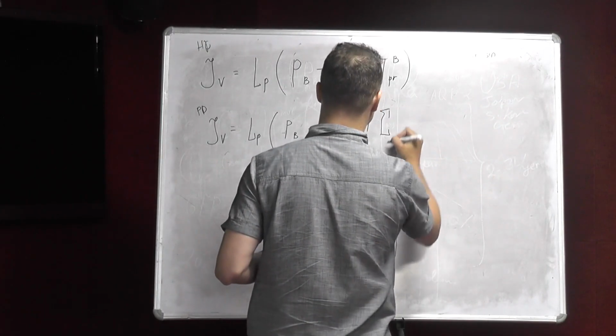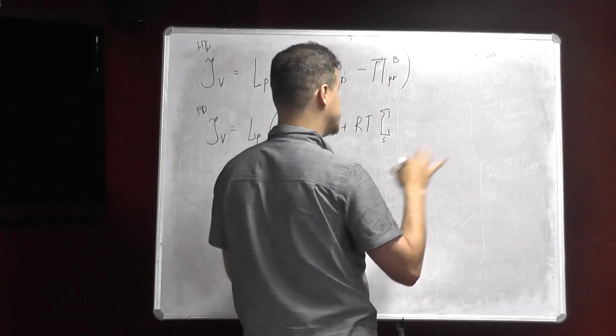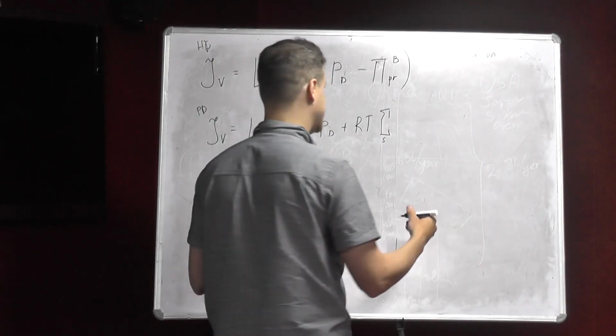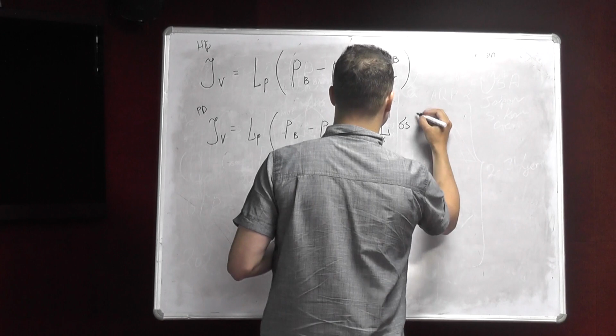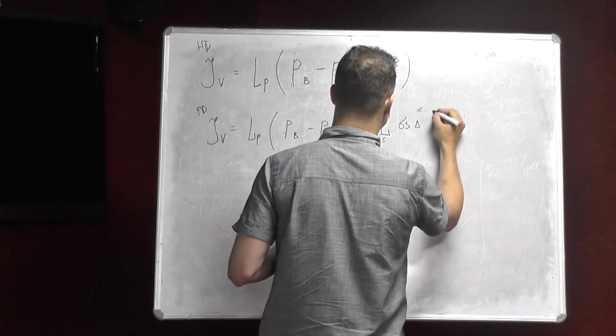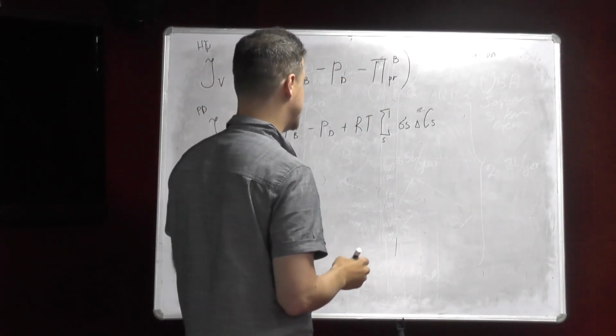So we have to take into consideration the contribution of all solutes dissolved in both human blood and dialysis solution. We basically have to take into consideration the difference of concentrations of these solutes across the peritoneal membrane.